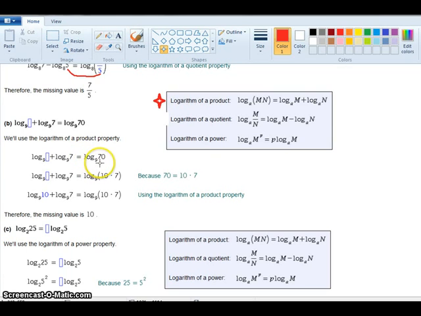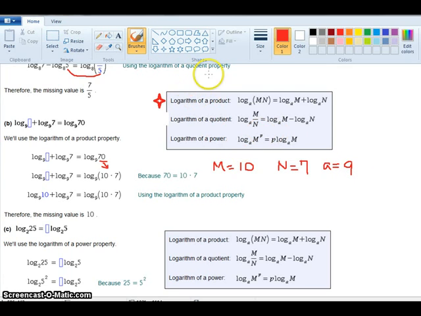On the right, they break this 70 down into 10 times 7, since 10 times 7 gives us 70. So now our m is equal to 10, our n is equal to 7, and our a is equal to 9.